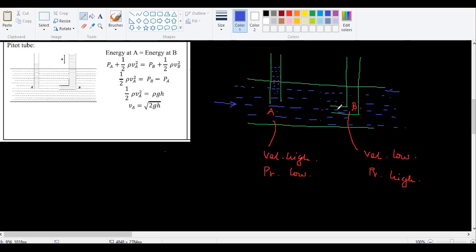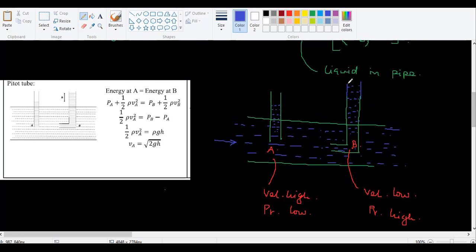Whereas this is high pressure, which will be pushing the water more. So I can measure this height difference between this level and this level using a simple scale, and I can easily tell the pressure differential.